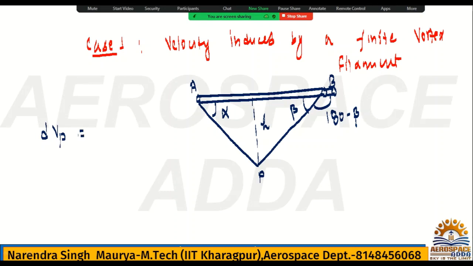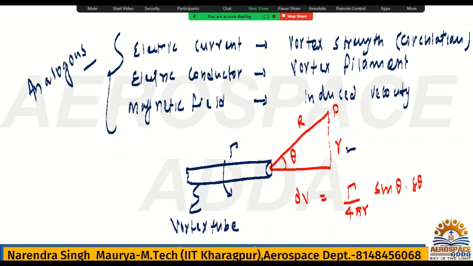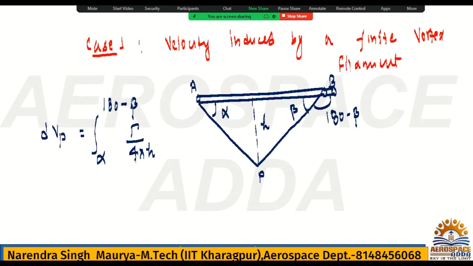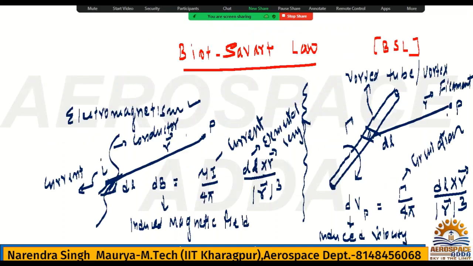Then you have to integrate from alpha to 180 minus beta, circulation upon 4 pi h, just like I wrote 4 pi r, perpendicular distance, sin theta d theta. As I told you, this is the standard formula.